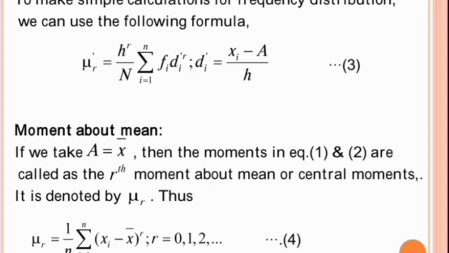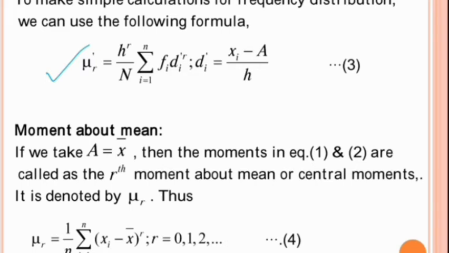Now to make simple calculations for frequency distribution, we can also use the following formula. That is mu r dash is equal to h raised to r upon capital N, where capital N is summation of fi's, into summation fi into di dash raised to r.